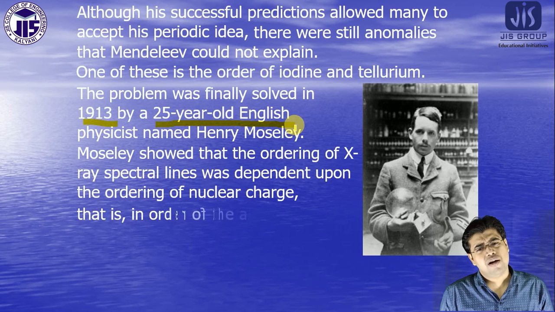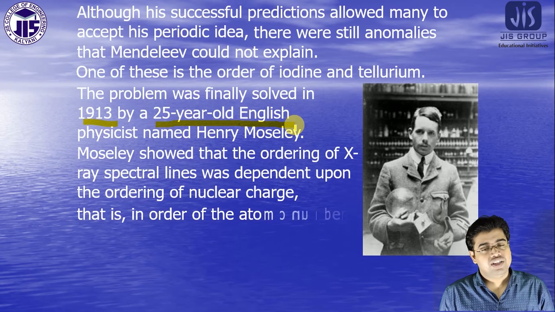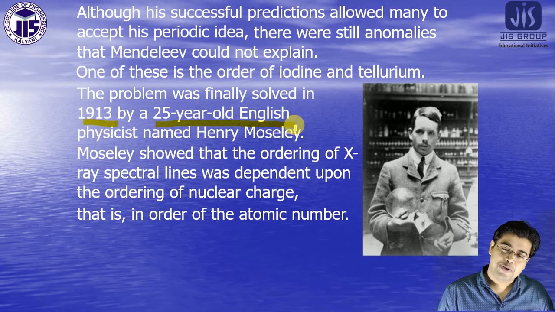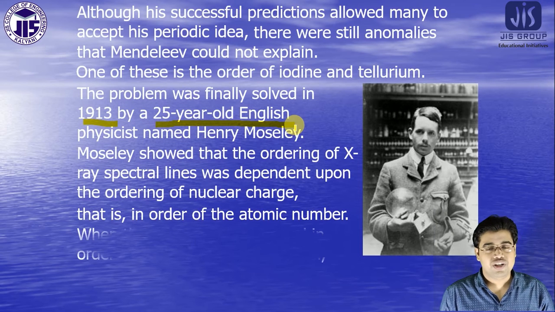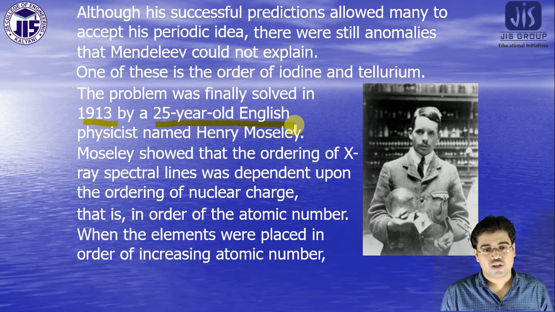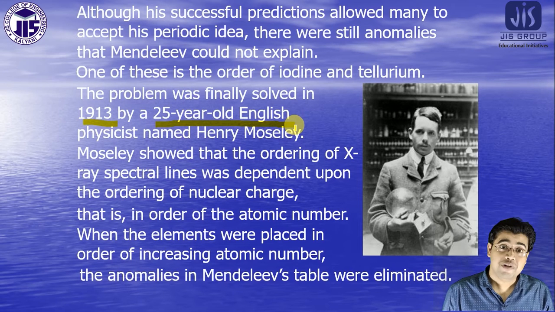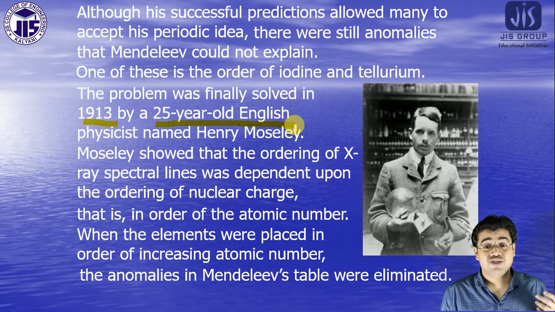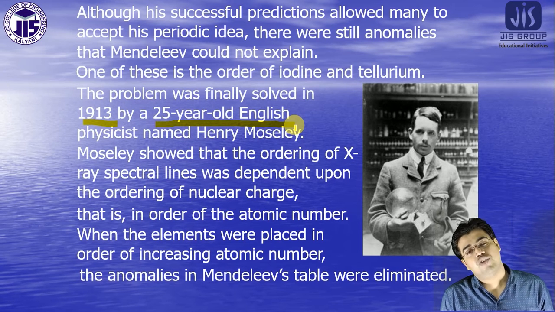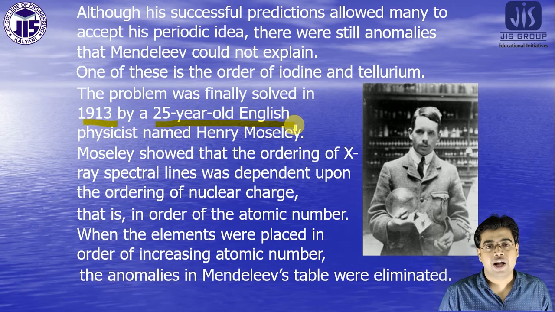Then Moseley thought that if it is possible to change the theory from atomic mass to atomic number, then it is possible to explain so many factors, problems or limitations which exist in Mendeleev's periodic table. So he just changed the law.